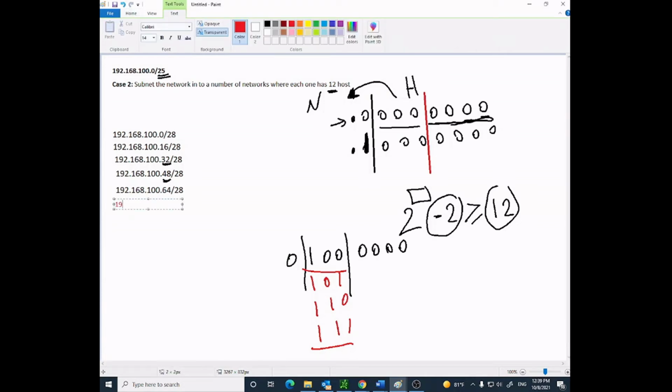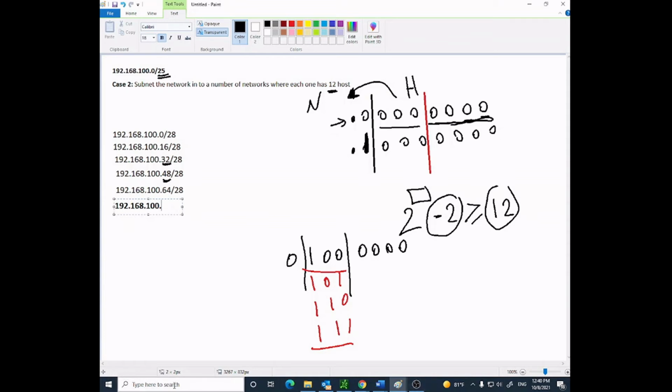So this is going to be 192. Oops, let's change the color to black. Increase the font size. 192.168.100, and this number here is, let me do the calculation really fast. This here is 64. You know what?